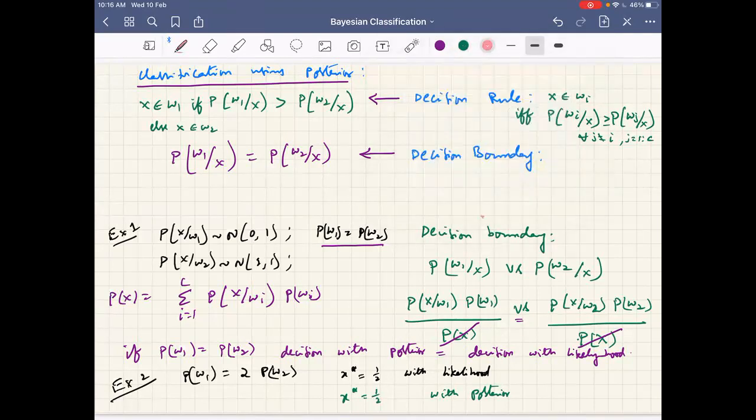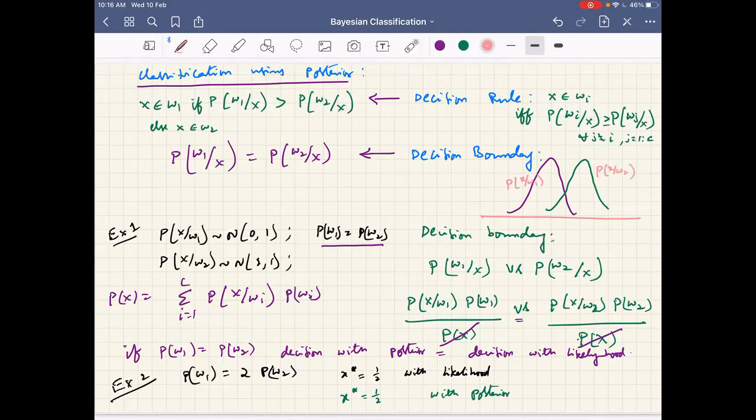Okay, so excuse me, this will be a little crowded. This is one density. This is another density. What do you think I have plotted here? P of omega 1, or P of omega 1 given x?